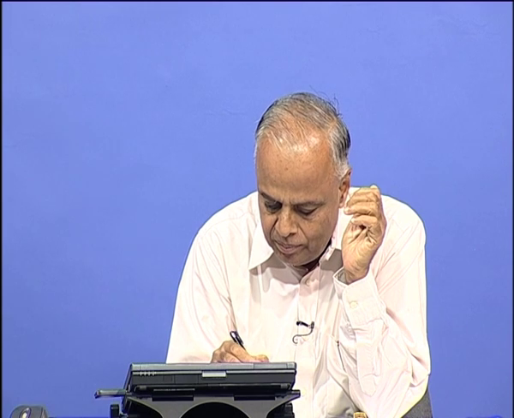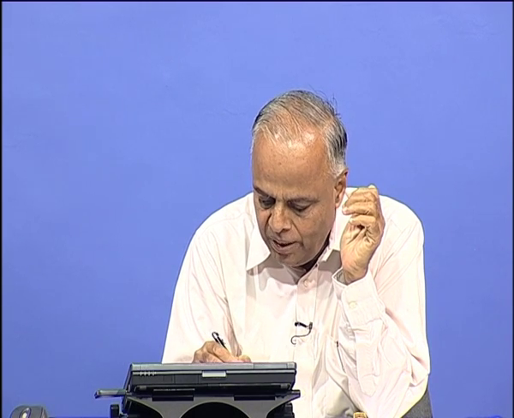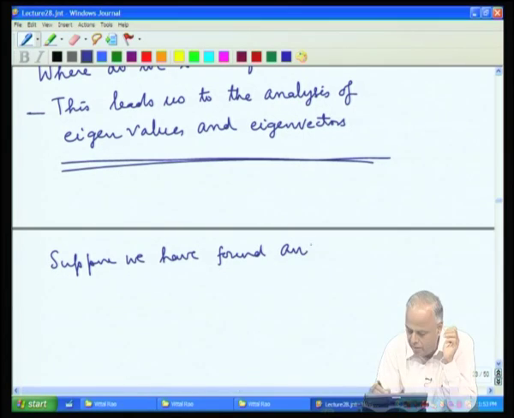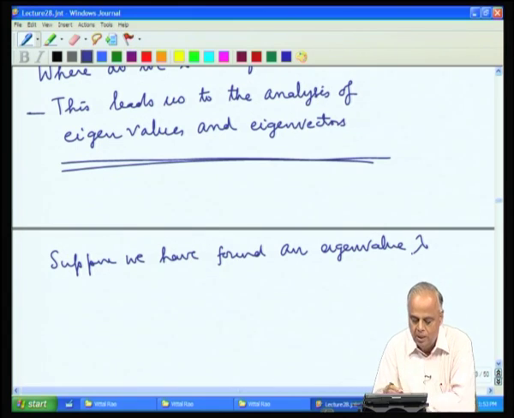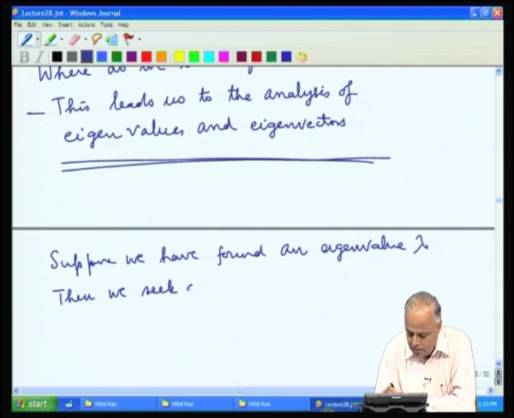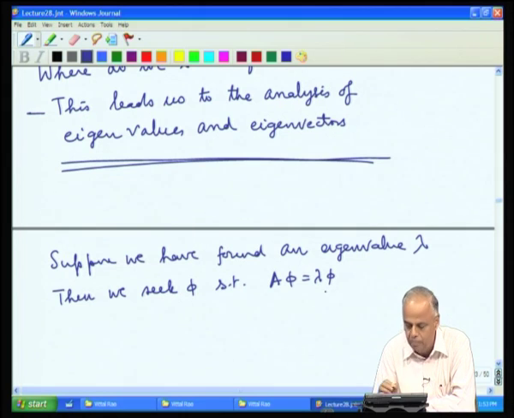Now, suppose we have found an eigenvalue lambda, then we seek phi such that A phi equals lambda phi, and this boils down to looking at A minus lambda I phi equal to theta n.